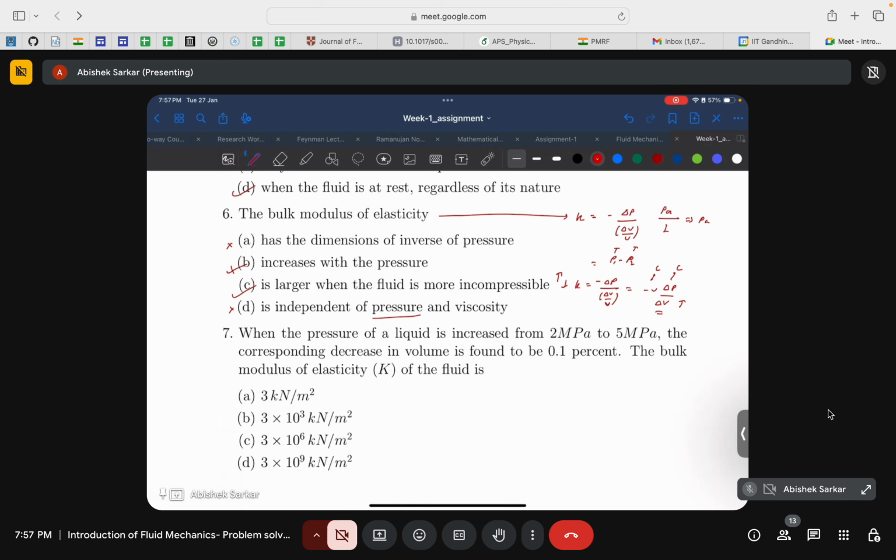Can you tell me, from a mathematical perspective, what would be the bulk modulus for a completely incompressible fluid? For a perfectly incompressible fluid, which is usually not the case, what would be the bulk modulus?